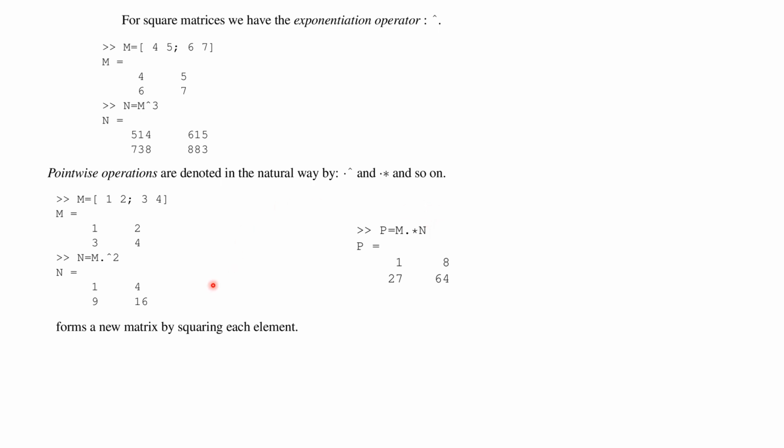That is, it multiplies them point by point, element by element. 1 times 1, 2 times 4, 3 times 9, and 4 times 16. The pointwise product.